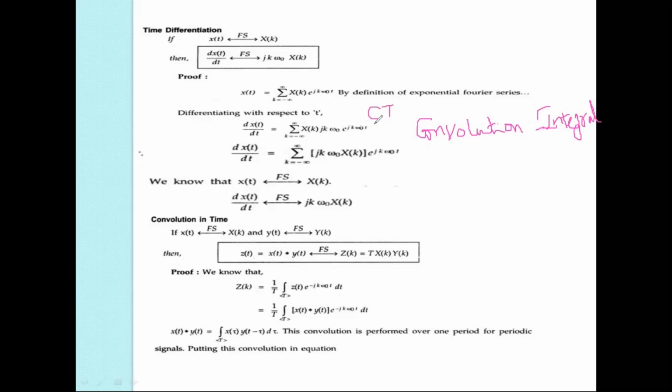For continuous time signals, we are using the convolution integral. For discrete time, we are using the convolution sum.